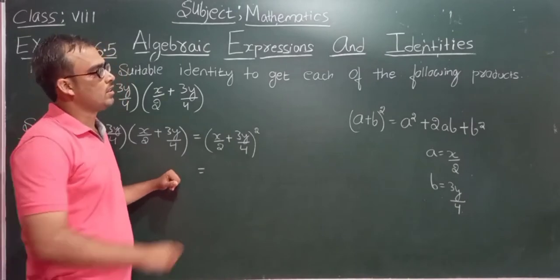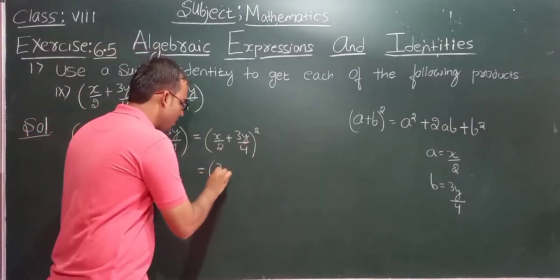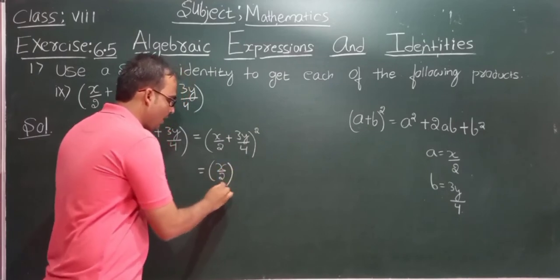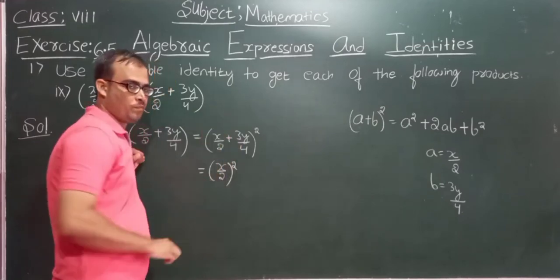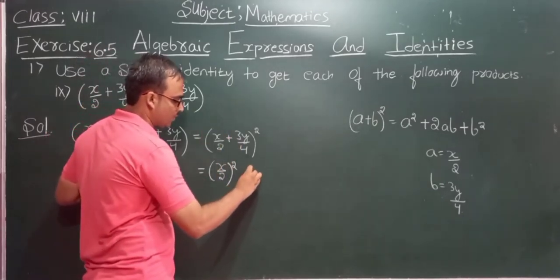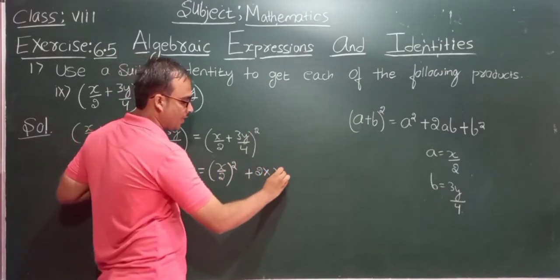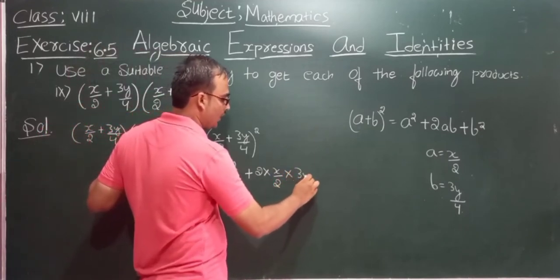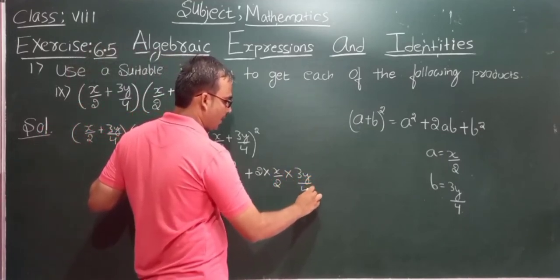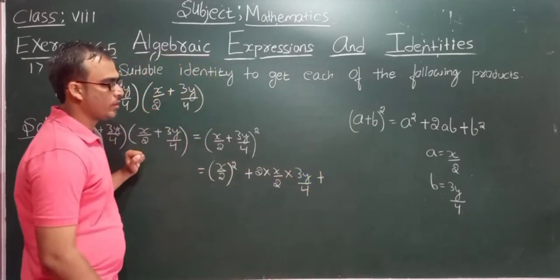A square is there. If a is x by 2, then a square is x by 2 whole square. Next, plus 2 into a, what is a? X by 2, into b. What is b? 3y by 4, plus b square. What is b?